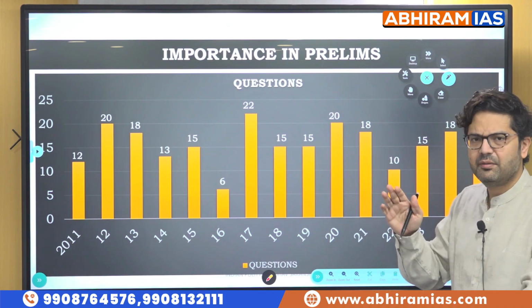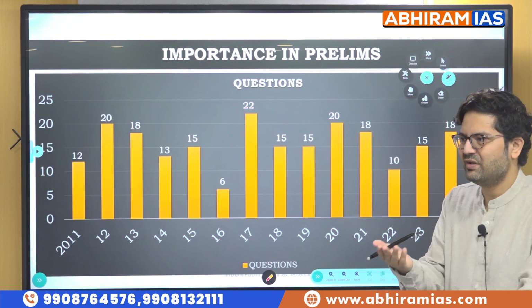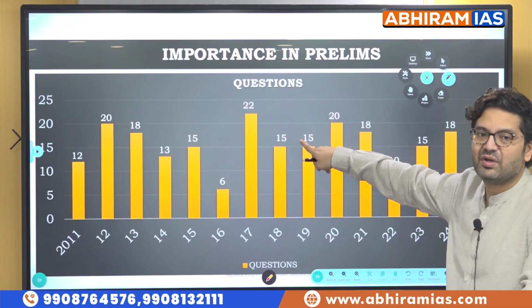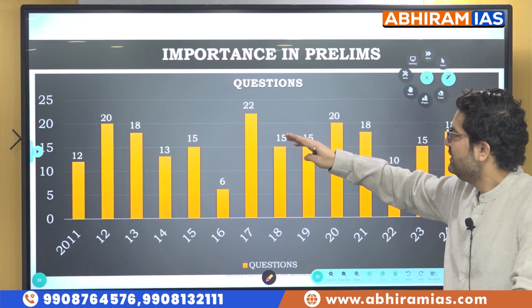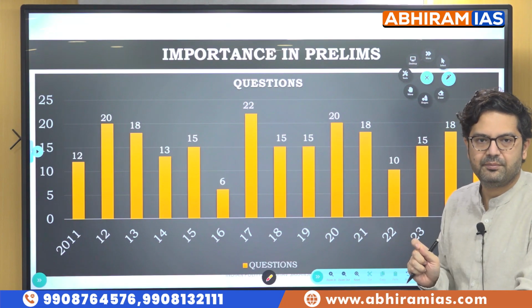So I hope you're aware, prelims 100 marks, every question 2 marks, so total 200 marks. Now you can see these are not marks, these are number of questions. Out of 100, these many questions have been asked from polity.